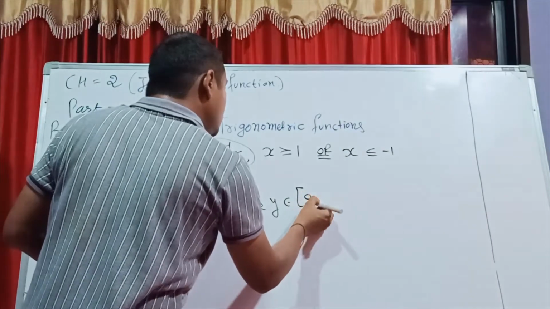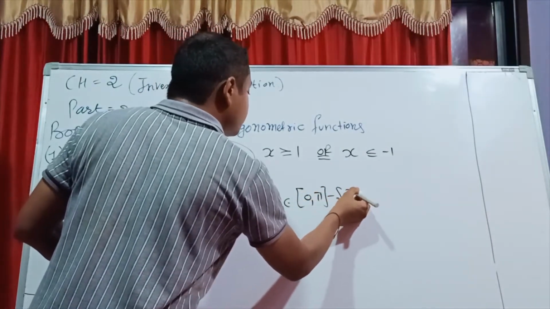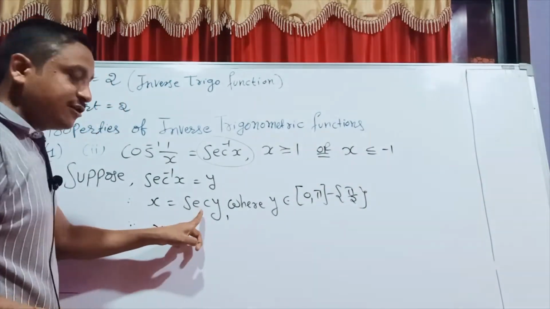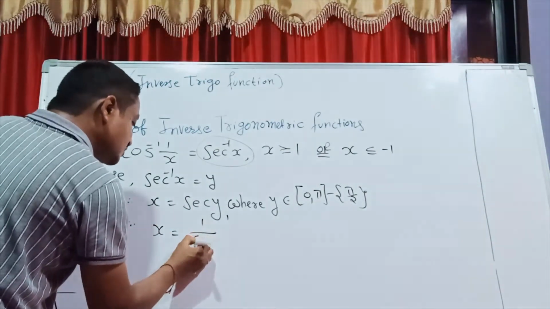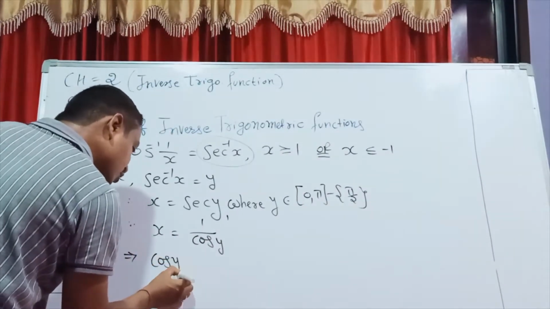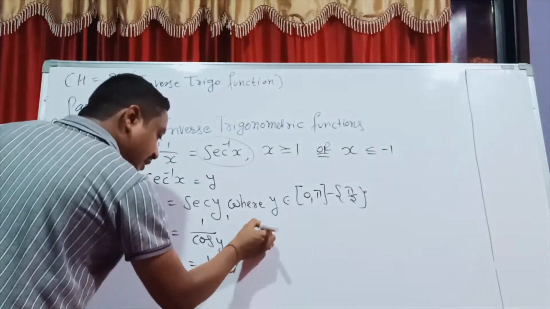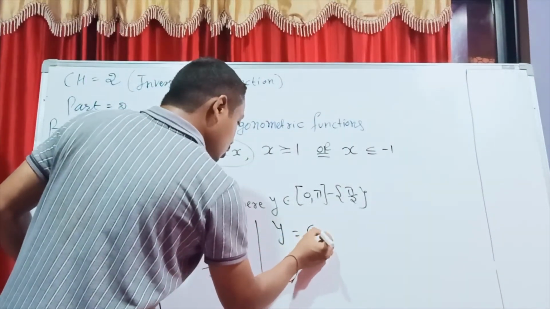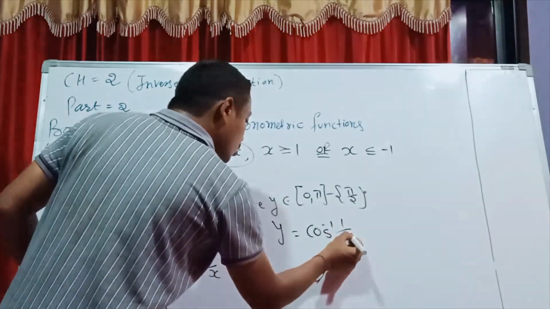It is 0 to pi, excluding pi by 2. So what is the reciprocal of sec y? It is 1 upon cos y. So finally, cos y is equal to 1 by x. Further, y is equal to cos inverse 1 upon x.